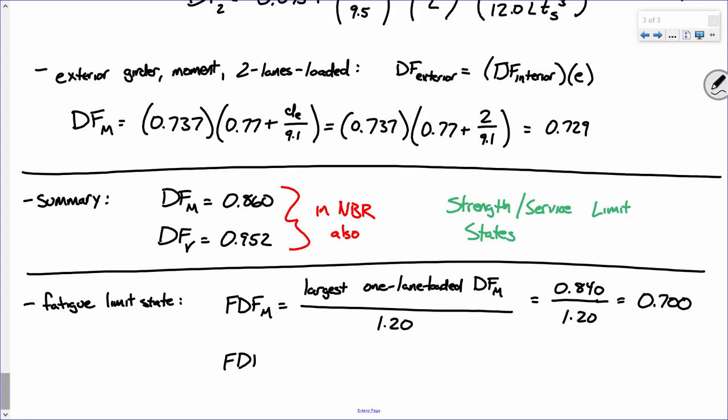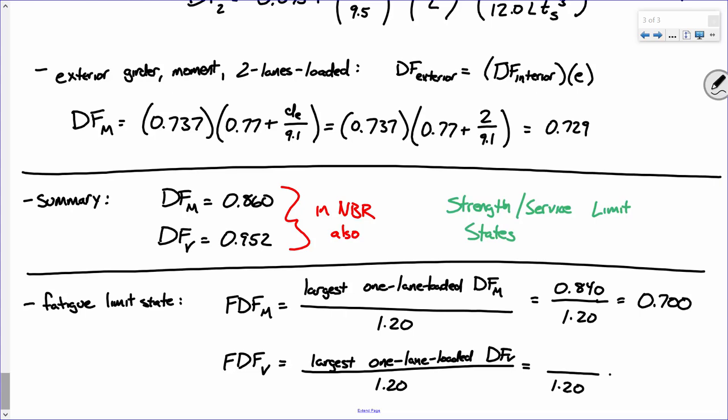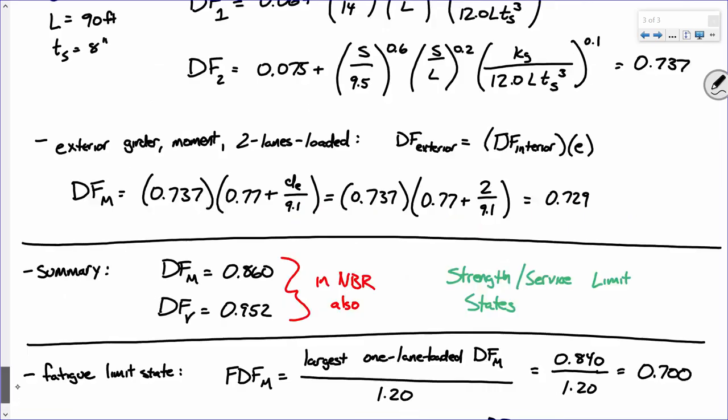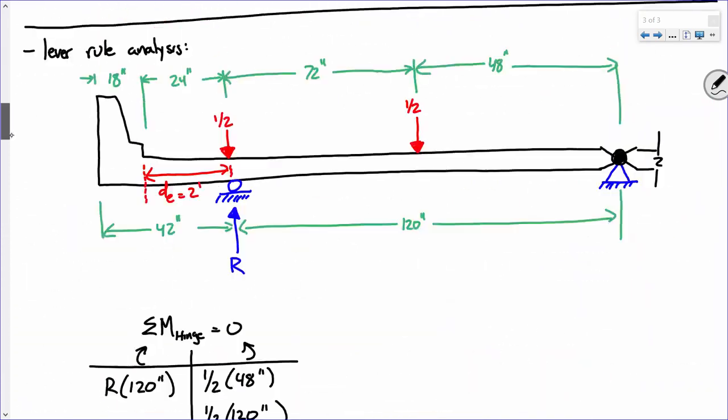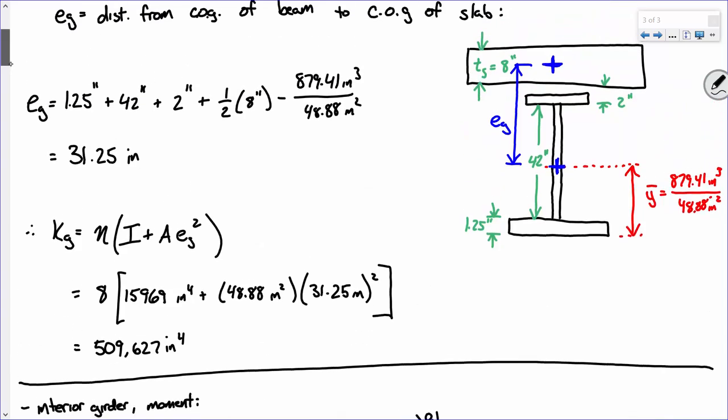All right. For shear, same deal. The fatigue distribution factor for shear is the largest one lane loaded distribution factor for shear divided by 1.2. So it's some value divided by 1.2. What is that? Okay, let's do the same thing. Start at the very top. Let's see if I missed something.